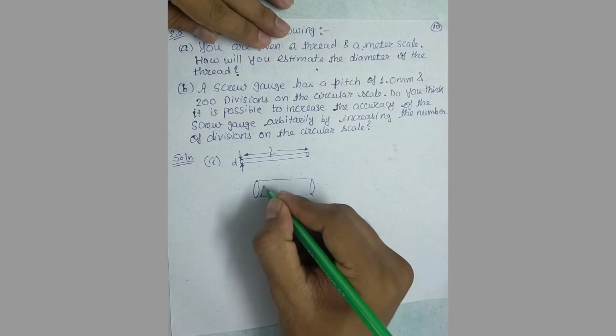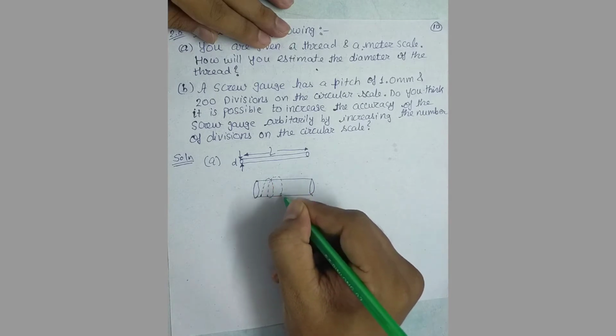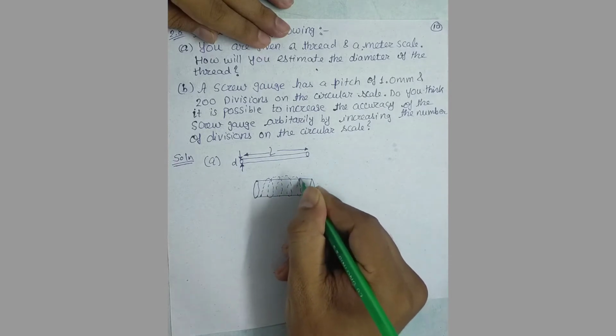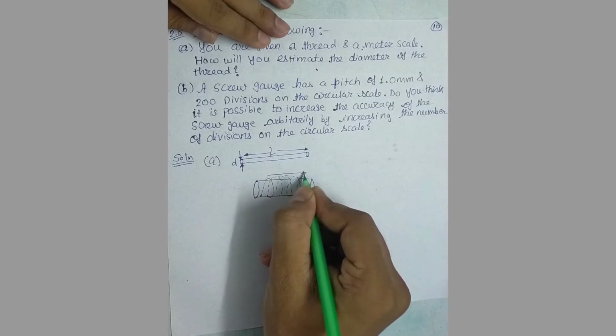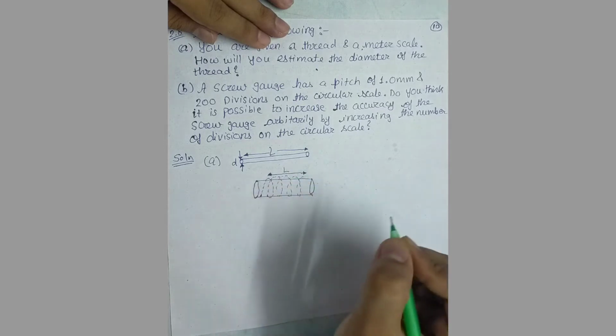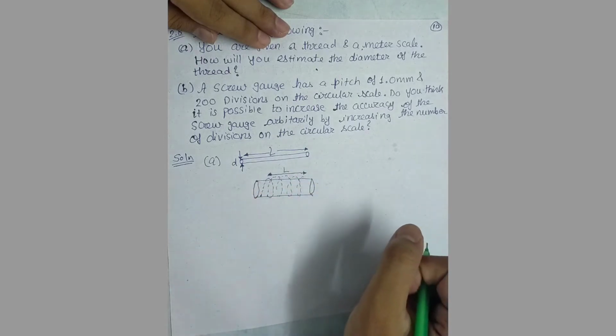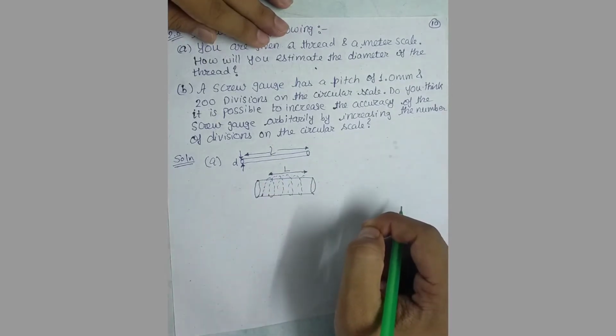For example, if it forms this structure, it should be closely packed. So if you closely pack it, let us say this is the total distance, capital L, that is covered by the rod of length L, on which the number of turns are wound.